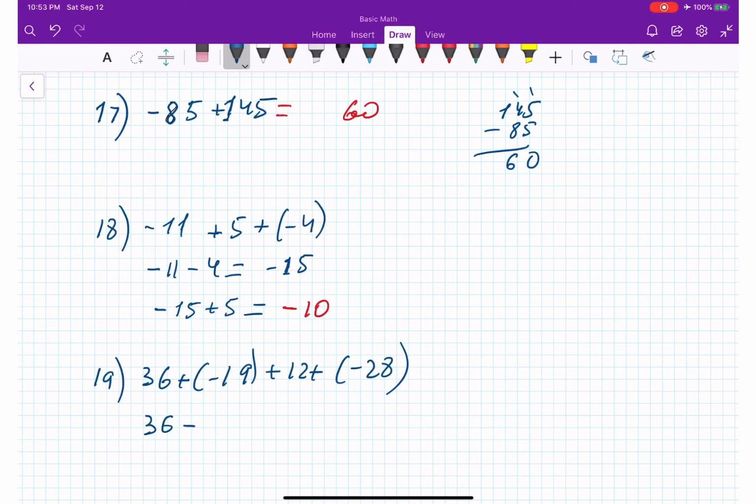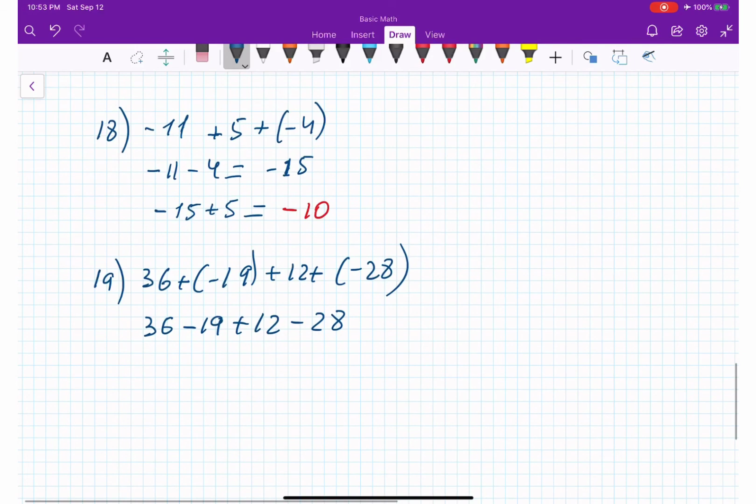So 36 minus 19 plus 12 minus 28. Okay. I can do it both ways. I can either first combine these negative numbers and then combine positive numbers and then put together. Or I can go one by one. Let's do both ways so you can see it doesn't matter.